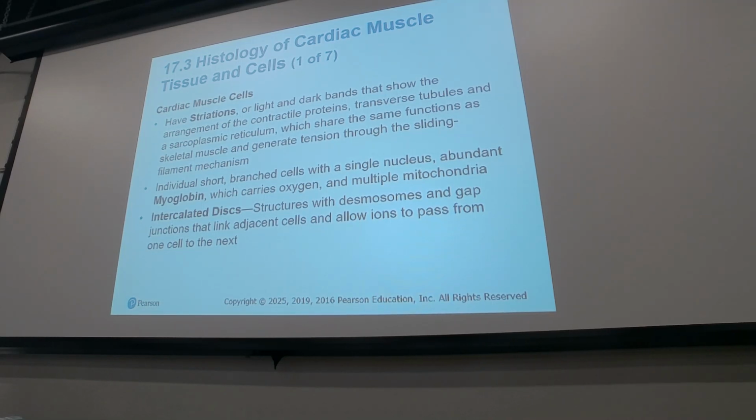In a skeletal muscle, we have more than one nucleus. And we have striations on both, which give a specific pattern that you can see in the microscope, but the heart muscle has stronger connections that we call intercalated discs. These intercalated discs are strong connections that prevent the heart muscle cells from pulling apart when the heart is contracting.